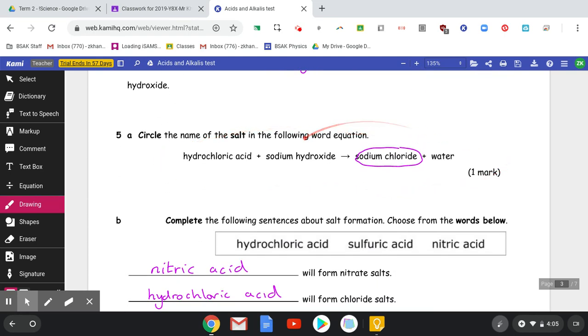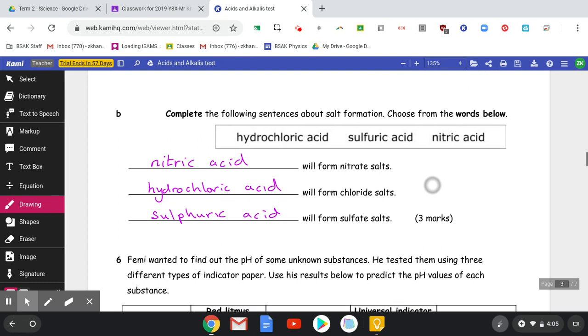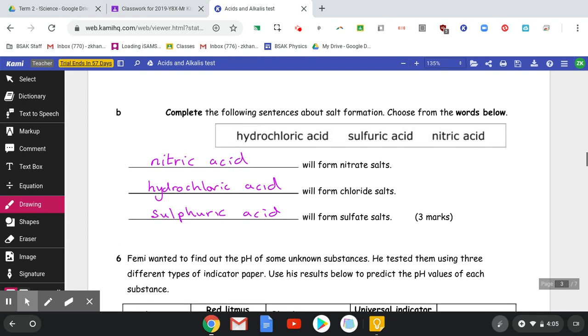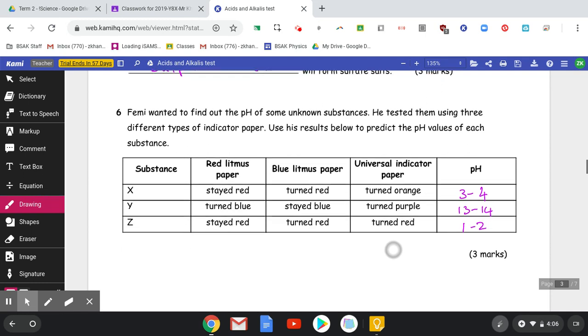Out of this chemical reaction, this here, sodium chloride, is the salt that is produced. Now, if we wanted to produce nitrate salts, we will need to use nitric acid, hydrochloric acid for chloride salts, and sulfuric acid for sulfate salts.